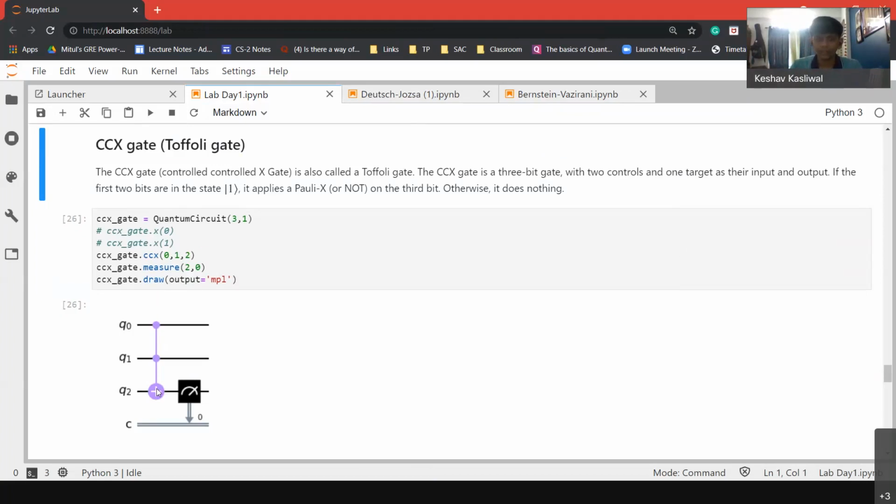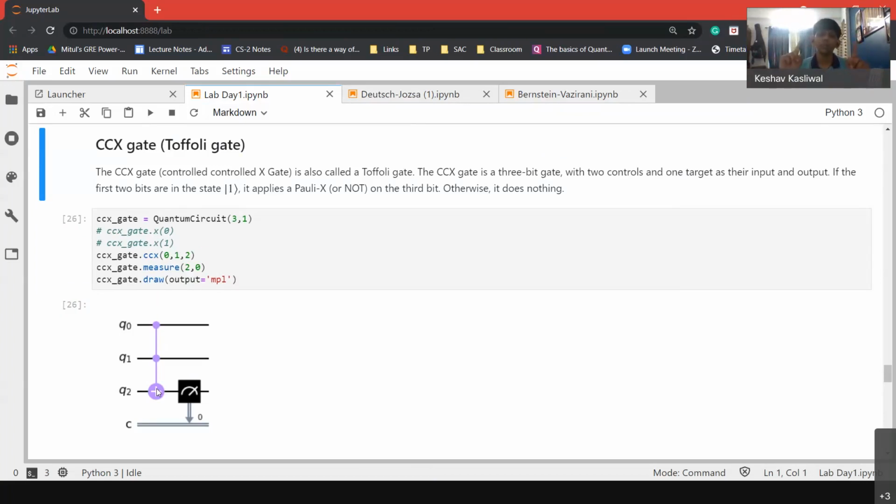Q0 and Q1 are both controls. So we can infer it slightly as an AND gate, right? Because only if both of the controls are one, then Q2 is flipped. That is a good indication towards the AND gate.